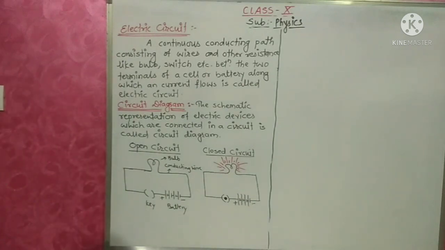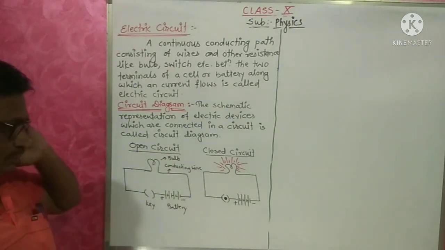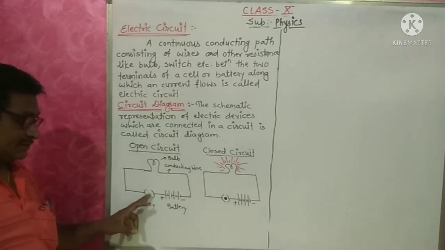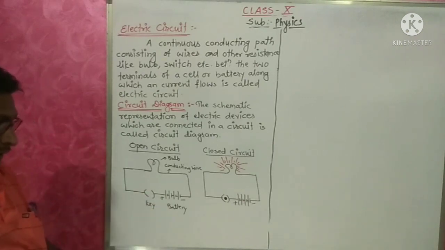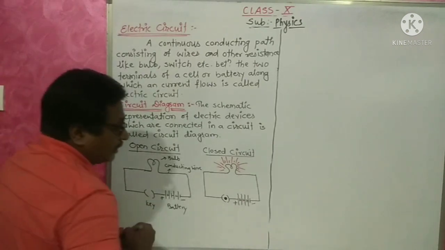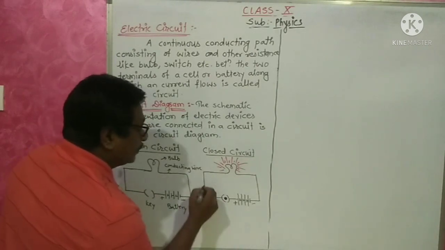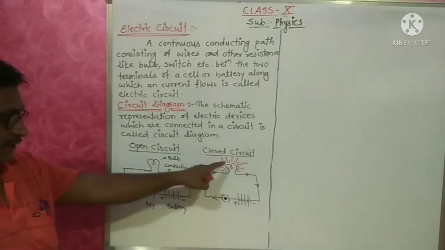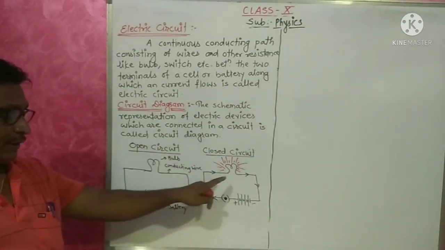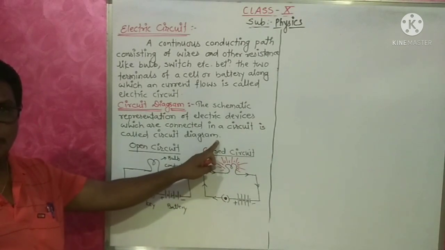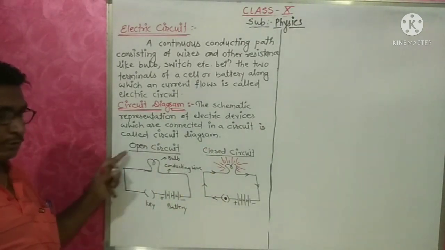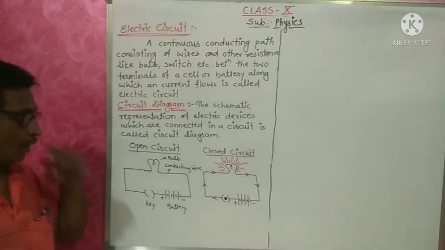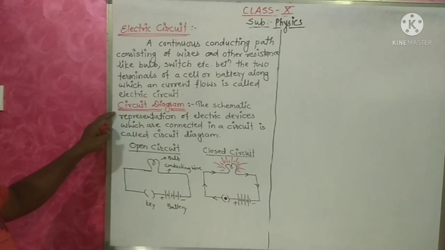See the difference between the open circuit and closed circuit. Here the key is not pressed, so current is not flowing, and here the key is pressed, so current flows from positive to negative terminal. When current flows in the circuit, the bulb glows. Whenever the bulb is glowing, it is a closed circuit, and whenever the bulb is not glowing, it is an open circuit. These diagrams we call circuit diagrams.